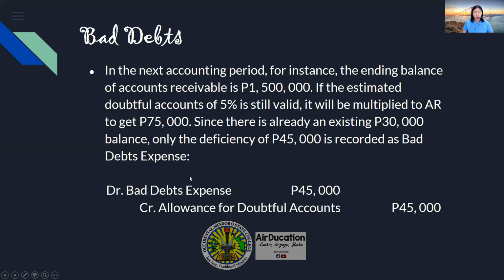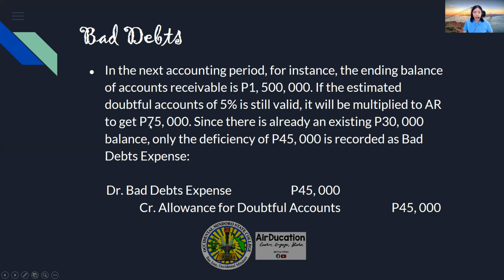Why? Again, continuous kasi yung recording natin. So, from 1 million, nagkaroon ka ng 1.5 million na accounts receivable. Eh, di ba kanina, nung 1 million yung accounts receivable natin, may 30,000 pesos na tayong balance sa bad debts natin, yung natitirang balance for bad debts.